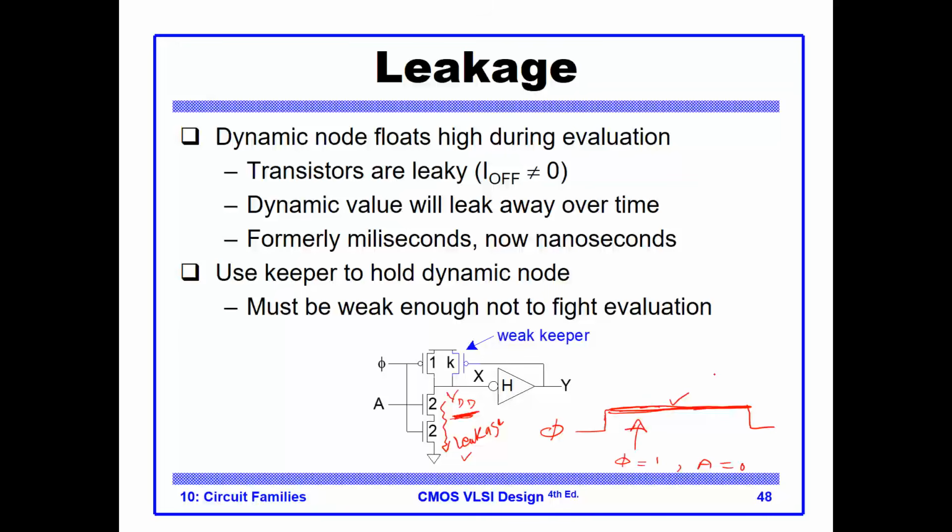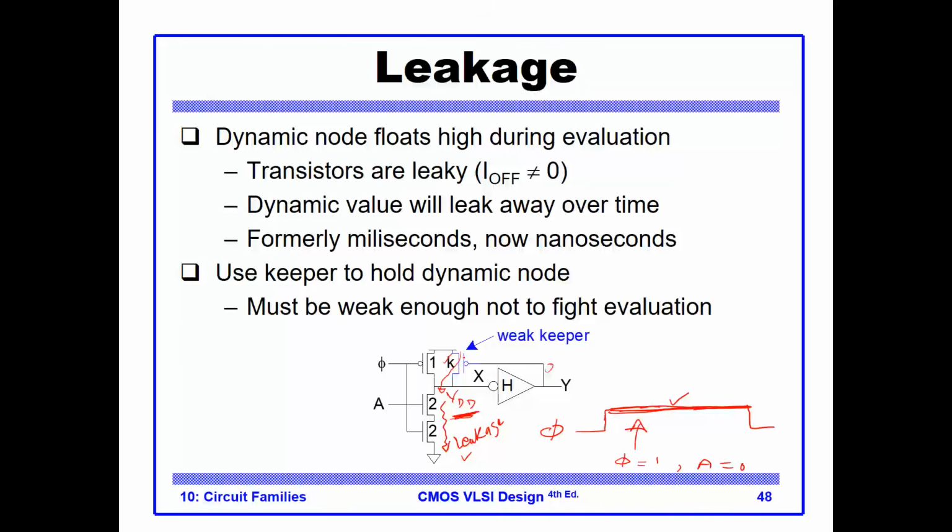Now, one fix to that is that we can compensate this leakage by adding a pull-up here, a weak pull-up or a weak keeper, which is activated by the output of the static inverter in the domino circuit. Because if we have here VDD, then the output here will be 0, and this will be active, and it will try to compensate this leakage current.